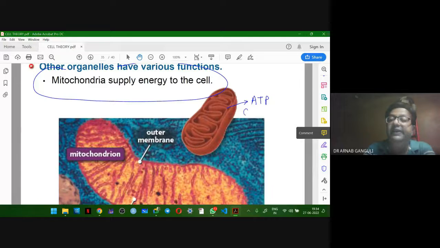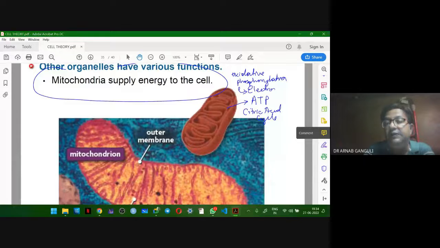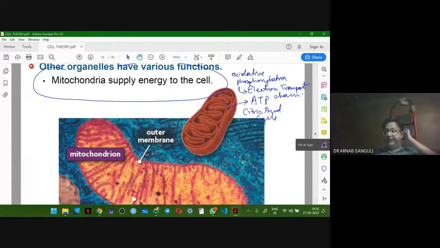First is the citric acid cycle, and most important, oxidative phosphorylation, in other words, the electron transport chain. They make ATP, which supplies energy to the cells.